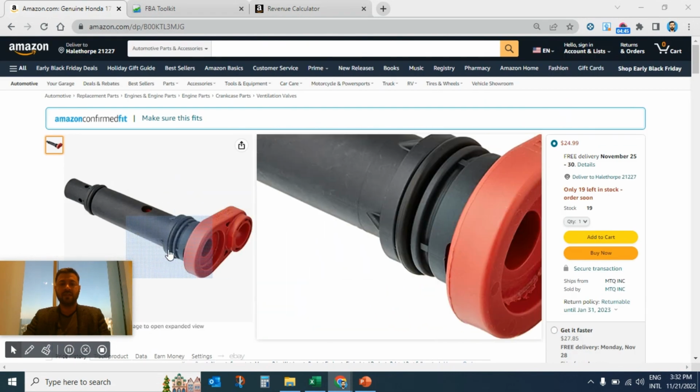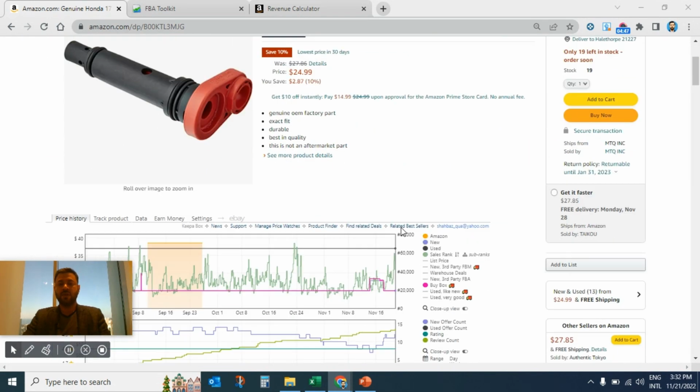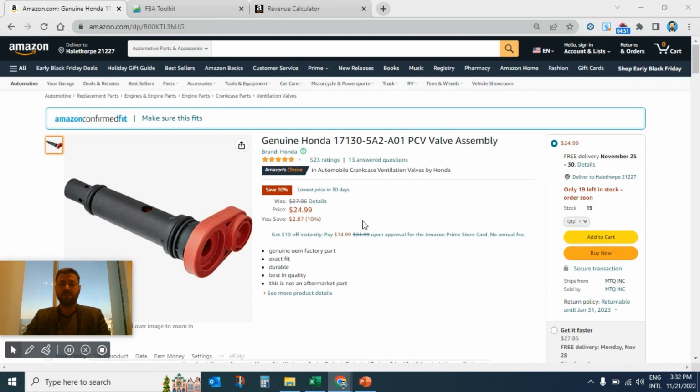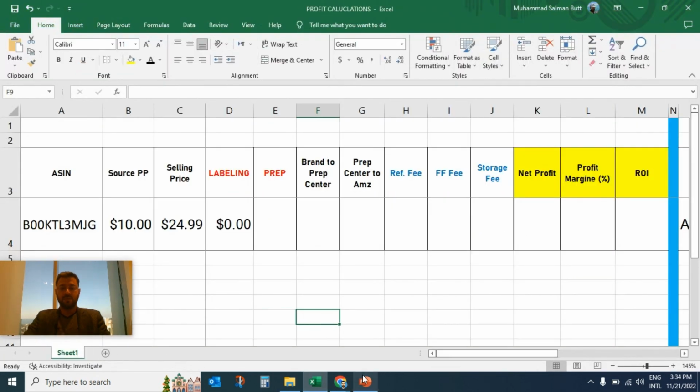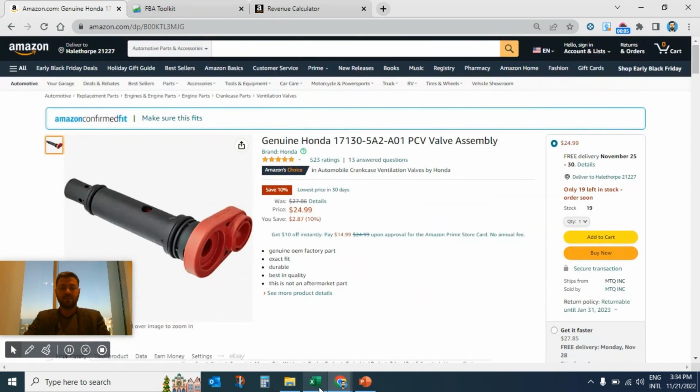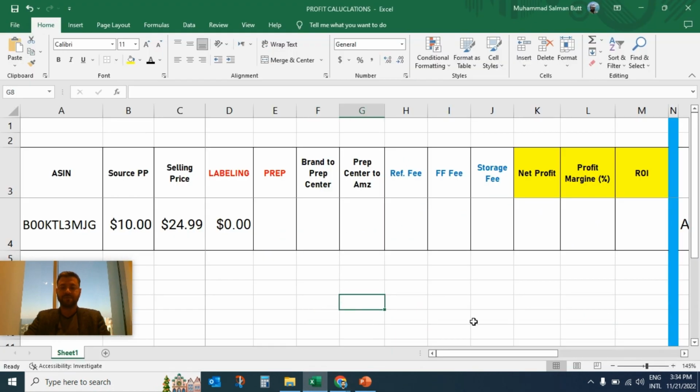Let's take an example of this product and do all the calculations which we just discussed in the PPT slides. So this was the product. I have just made this spreadsheet in order to explain everything.